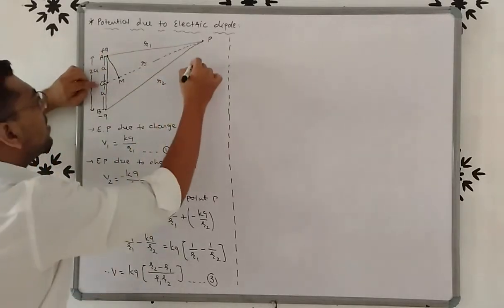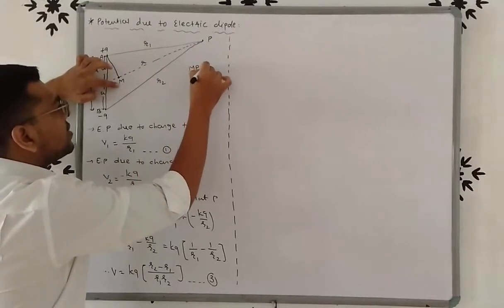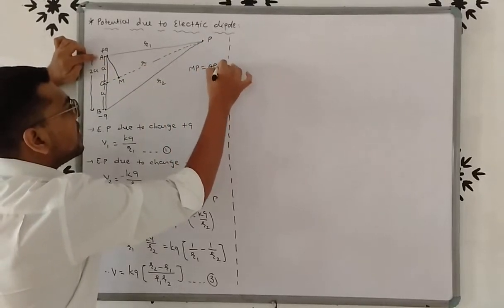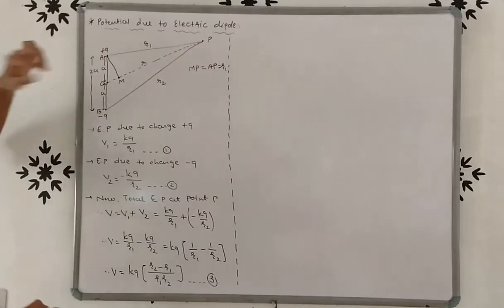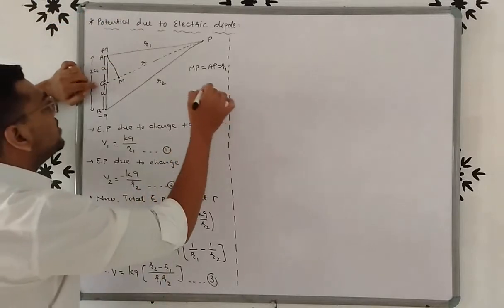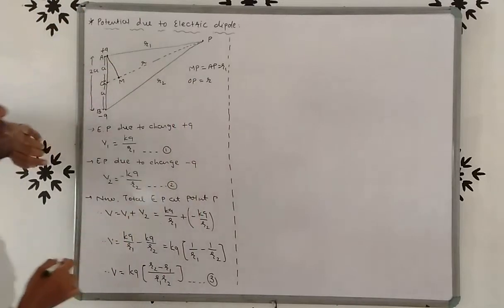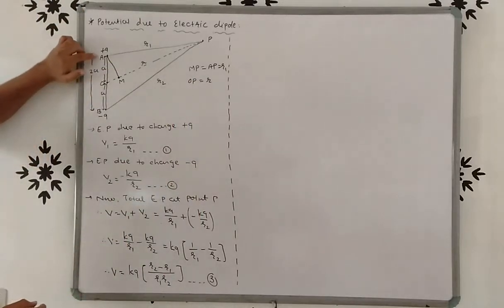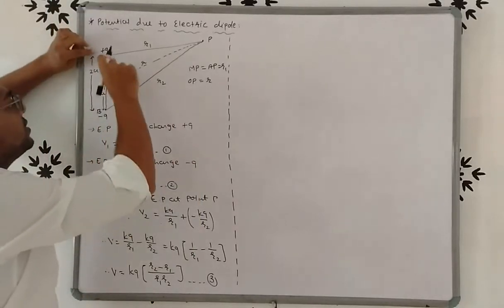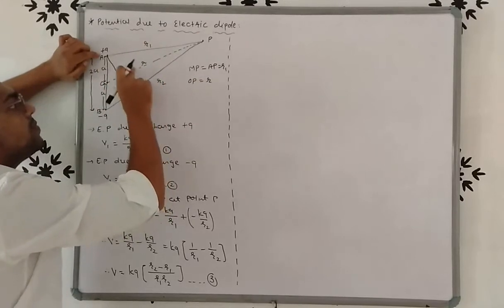So MP is equal to AP is equal to R1, and the total distance OP is equal to R. Once again, we draw a normal from point A to OP, and the distance MP and AP is the same, that is R1.